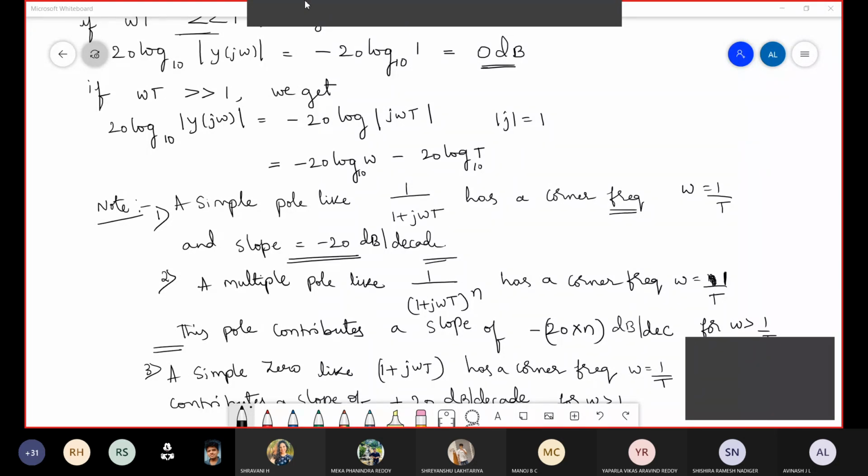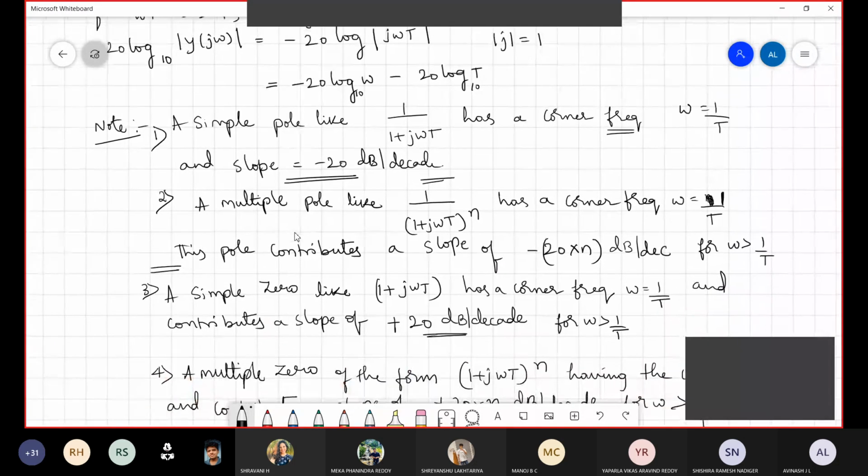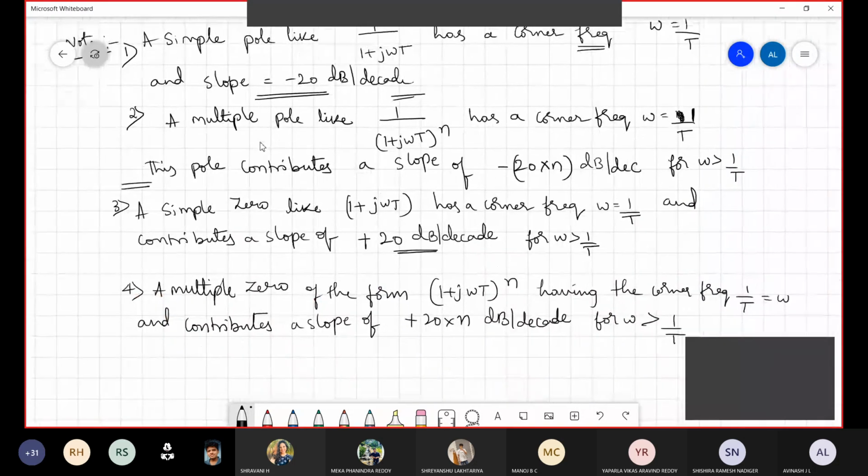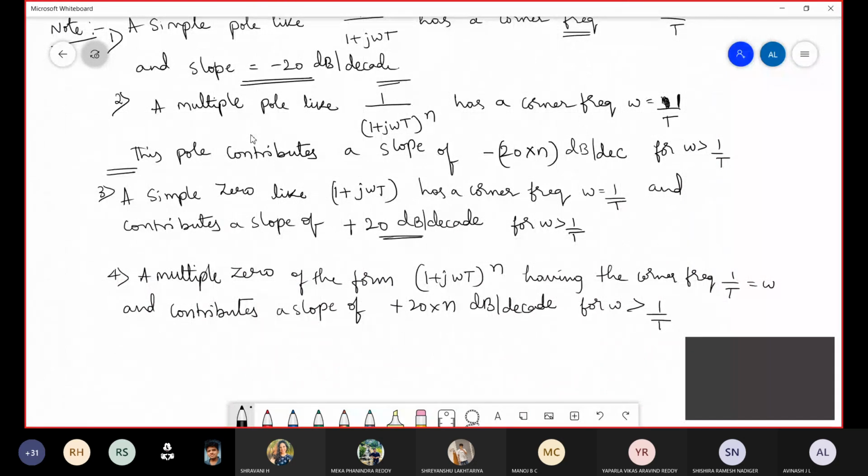If it is 2, multiply with 2; if it is n, multiply with n. That is how it is going to happen. Similarly, if we want to consider zeros, simple zeros like 1 plus j omega t, we are going to discuss how it happens.